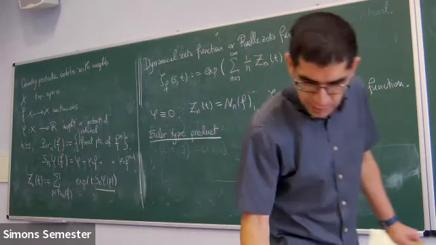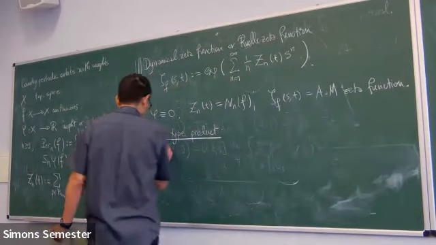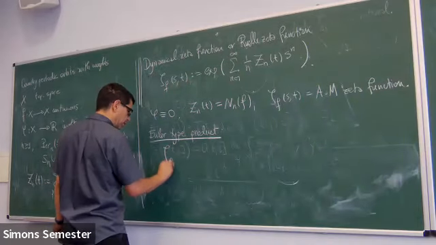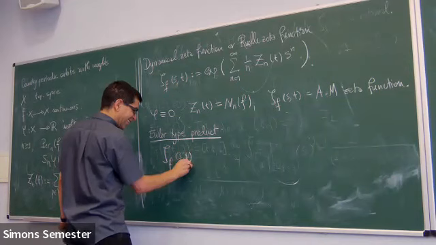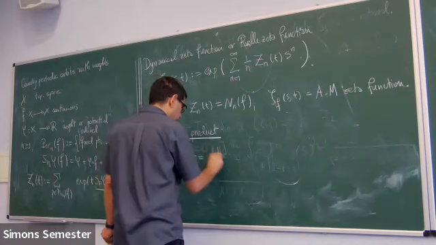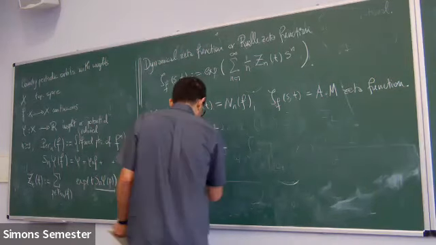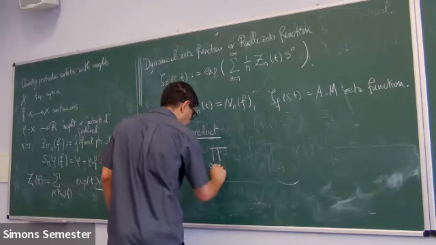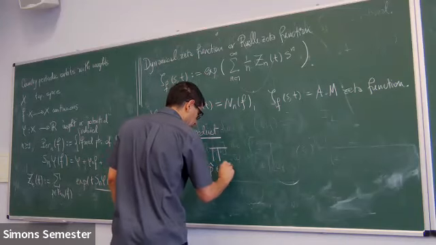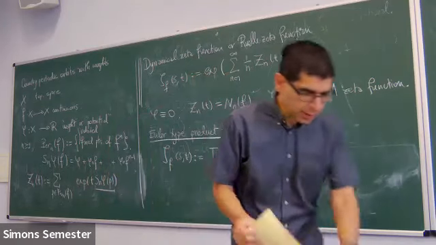Where we can write the Ruelle zeta function as a product over now periodic orbits. I forgot to introduce some notation.